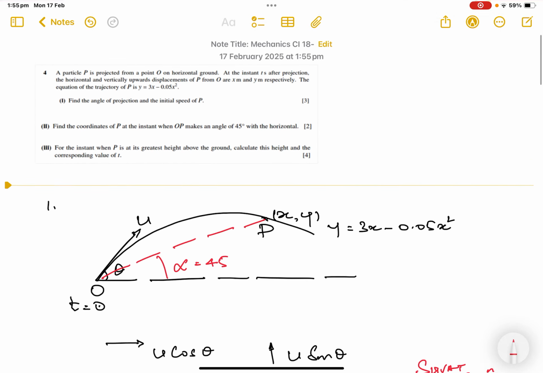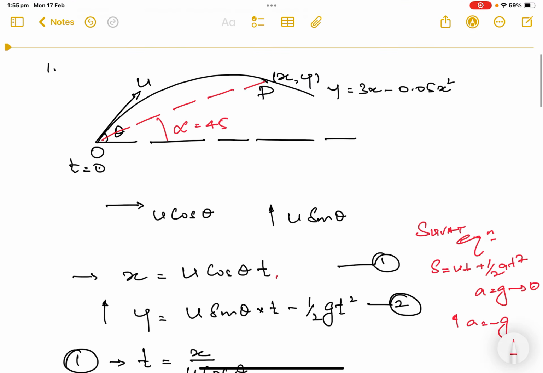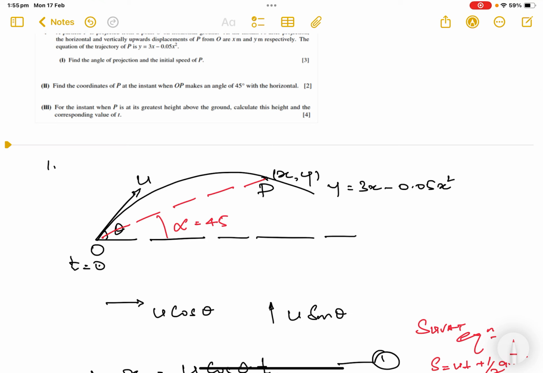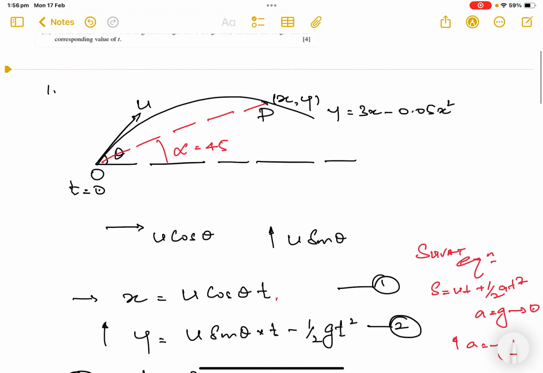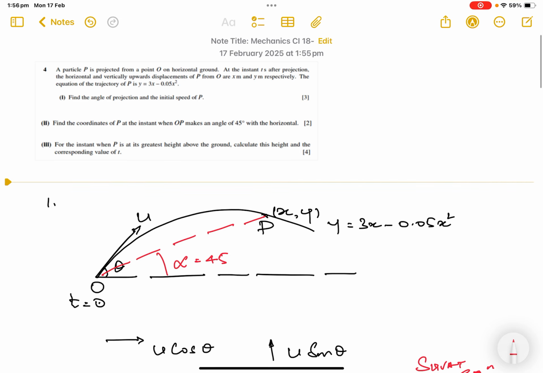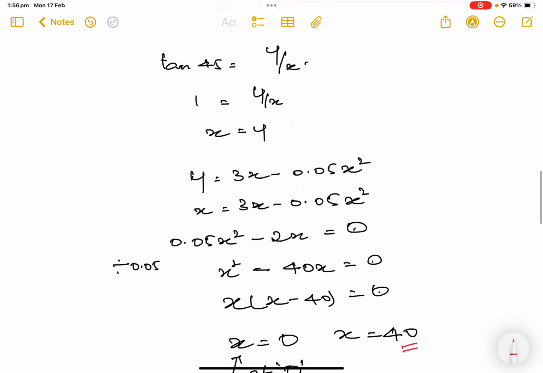Right, next question. Find the coordinates of P at the instant when OP makes an angle of 45 with the horizontal. So I just keep that P there. I put a little line, and the angle is 45, alpha is 45. Find the coordinates of P. So x, y we need to find with the angle here.